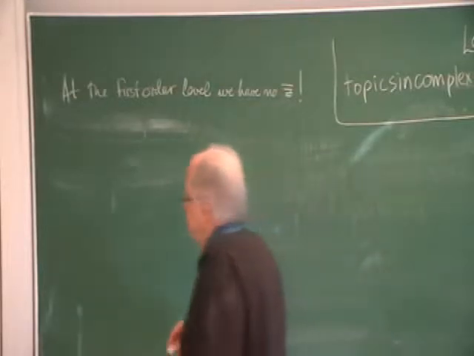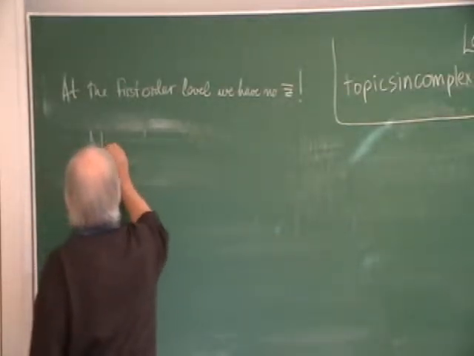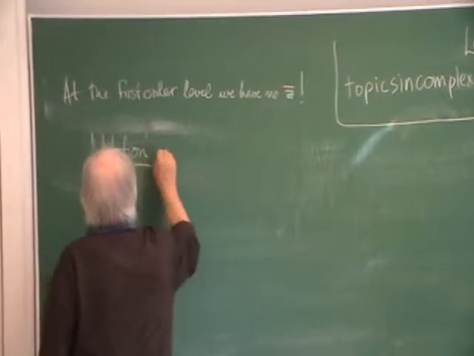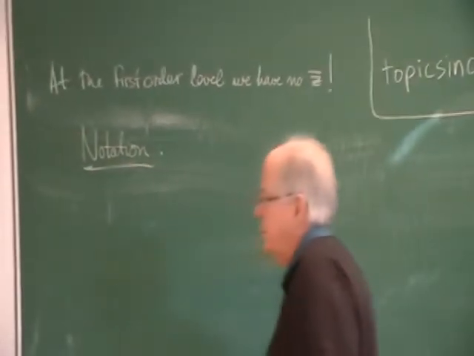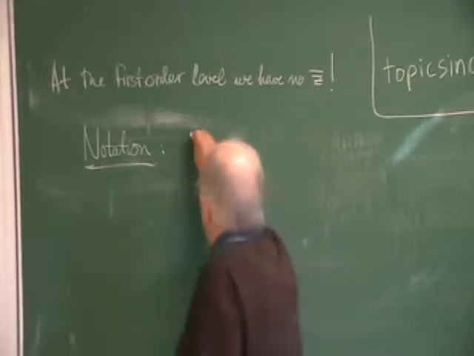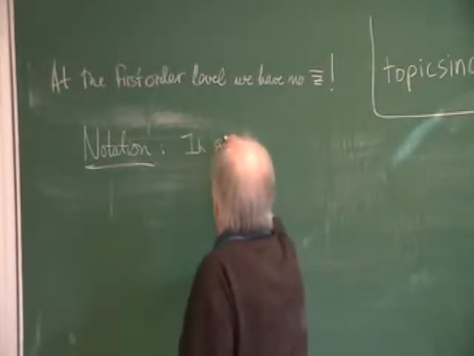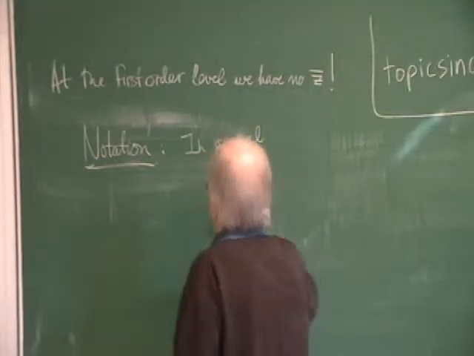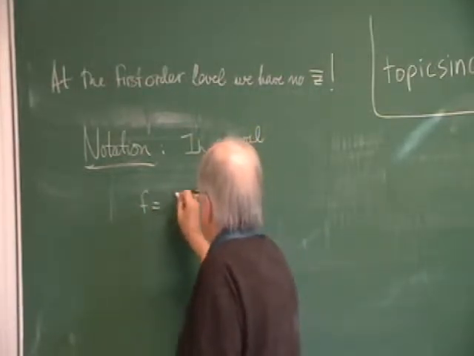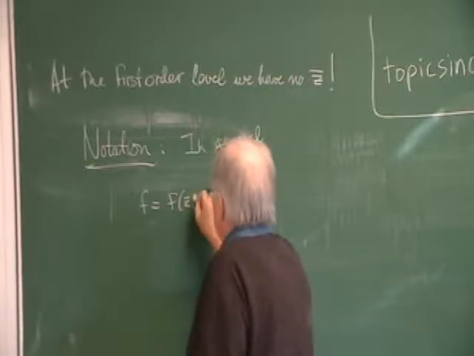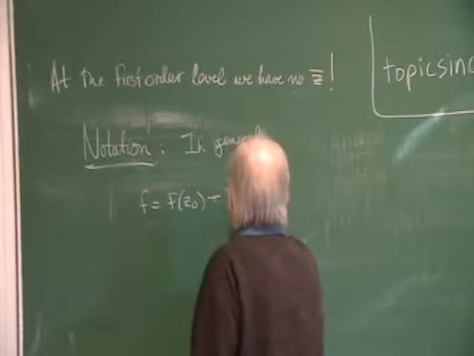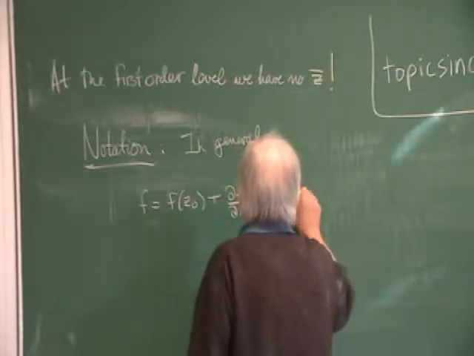Now, in general, just to get the notation straight, the standard notation in complex analysis, just as you would expect, we write f equals f of z0. You're getting tired of me doing this, I'm sorry. Partial derivative of f with respect to z at z0 times z minus z0.